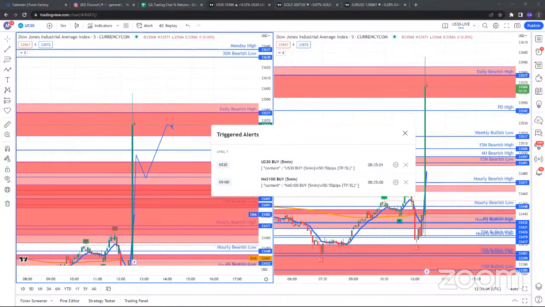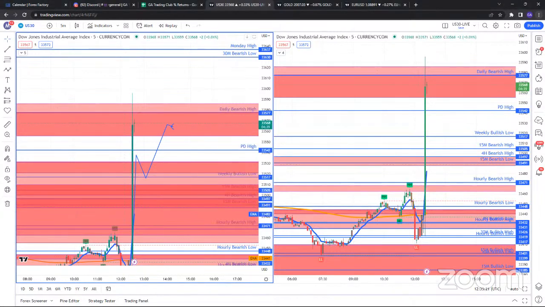So I do expect retracement here. I'm still waiting. The only thing with US 30, this can be one of those. I feel better waiting for the next 5-minute candle, but I will enter into a sell here.